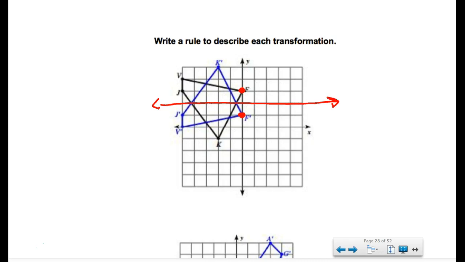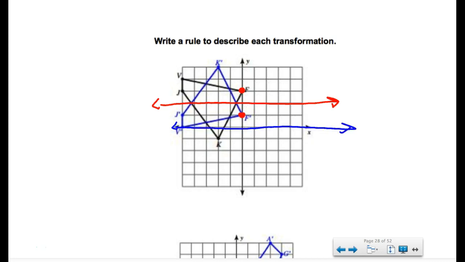it's been reflected over. So I would say that the quadrilateral, we would call it, and it just says to write a rule. So the quadrilateral FVJK is reflected over this line. Well, what is that line? We got to go look at it. It's a horizontal line. And again, here's my x-axis running right here.